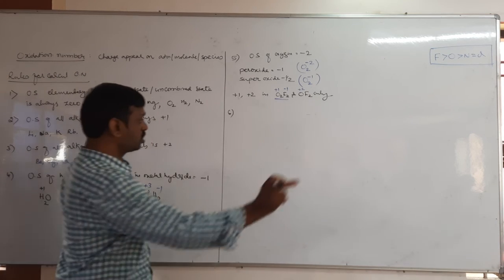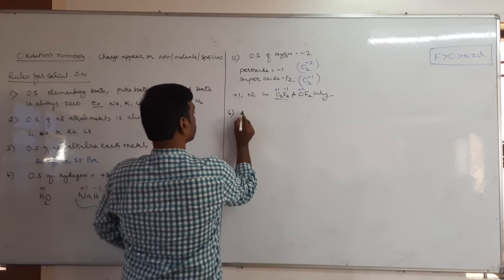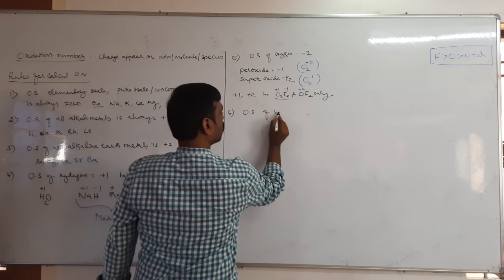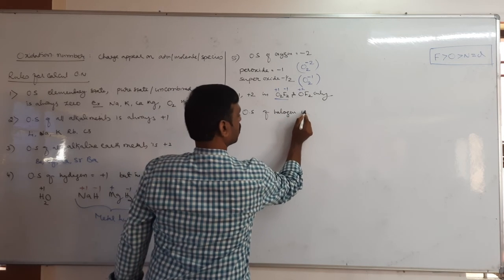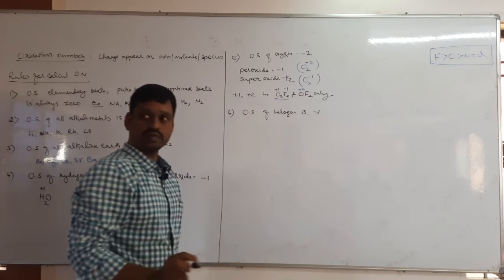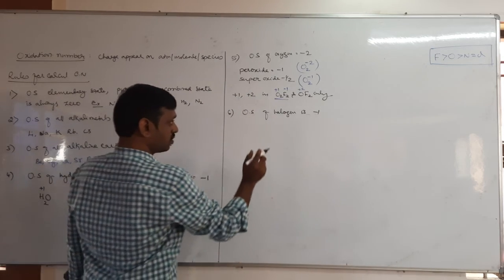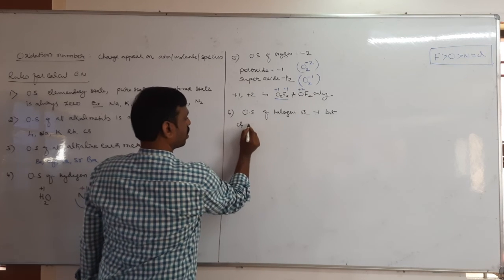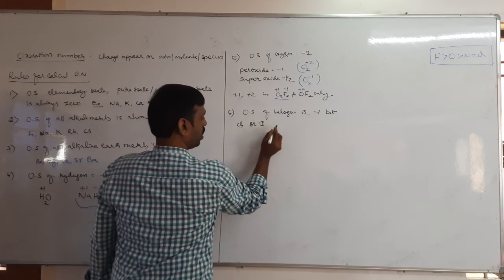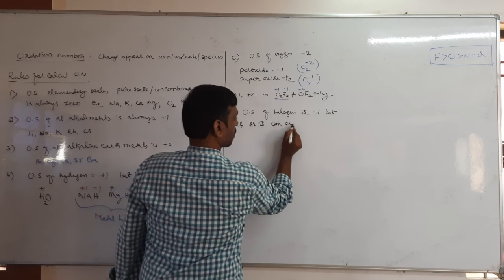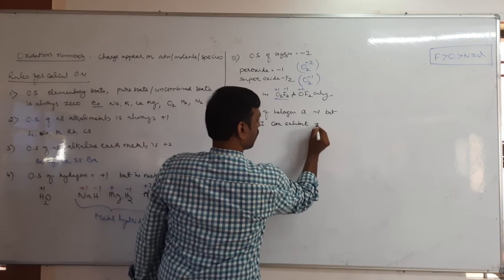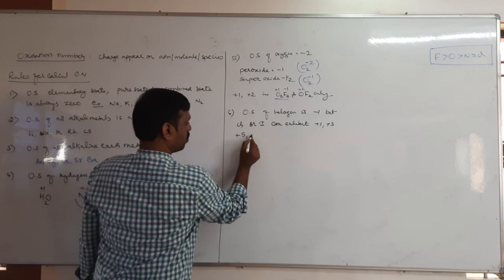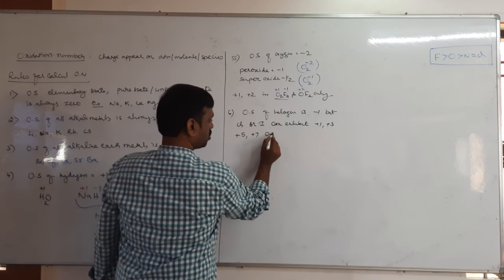So therefore, the 6th point: oxidation state of halogen is -1, but chlorine, bromine, iodine can exhibit +1, +3, +5, +7 oxidation states.